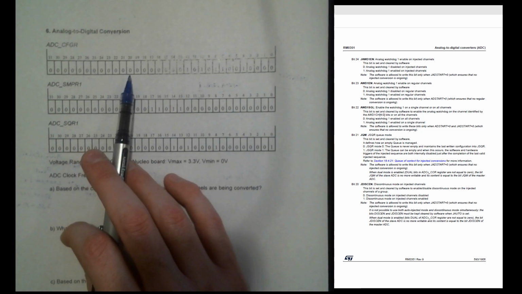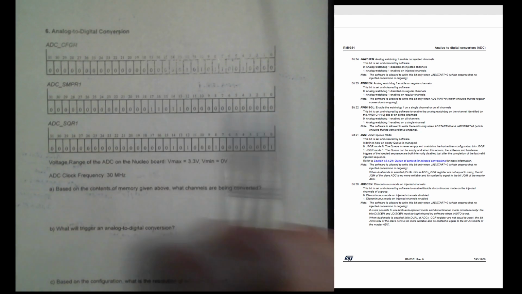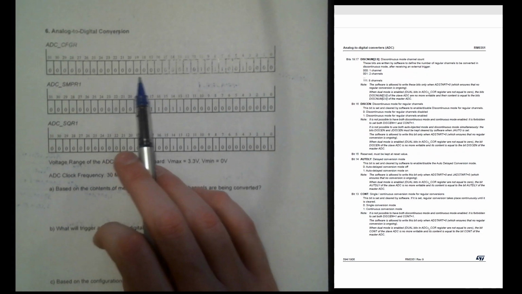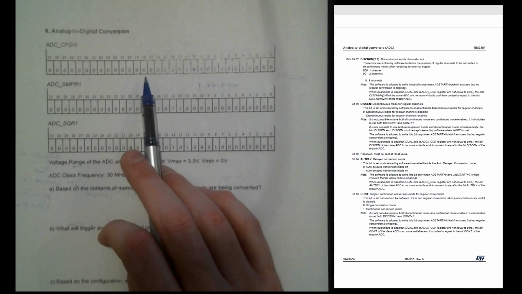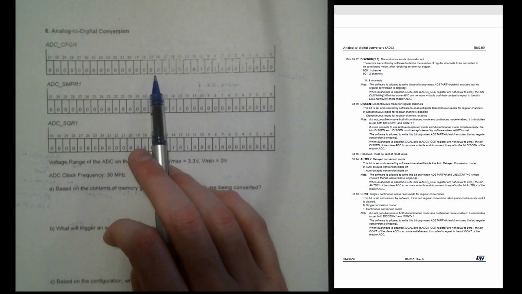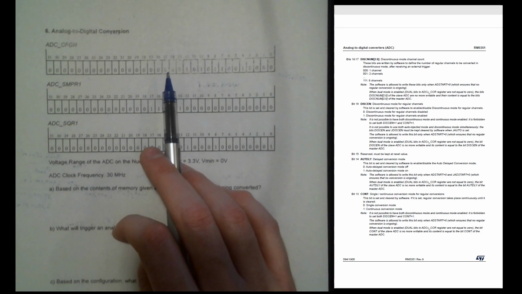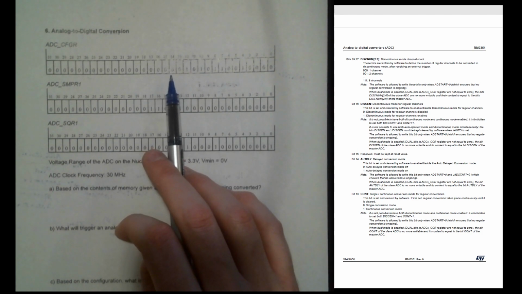Enable watchdog, JQM mode, not a thing we've talked about. Discontinuous mode, nope. Discontinuous mode channel count, nothing set, so we can ignore that as well. Discontinuous mode for regular channels, nothing set. Reserved, must be kept at reset value. Delayed conversion mode, turned off, so we don't care.